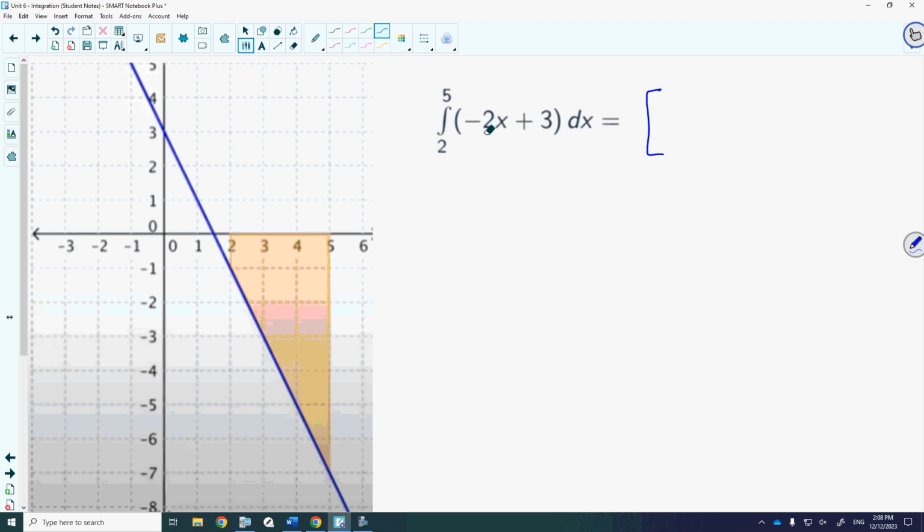All of these are going to have the same antiderivative because it's the same function. We're just changing our interval. So our interval for this one would be 2 to 5. It's going to be negative x squared plus 3x, and we're integrating from 2 until 5.